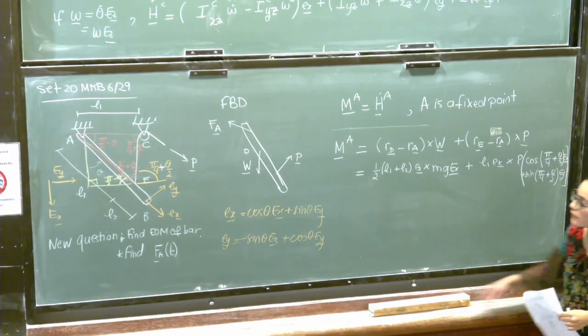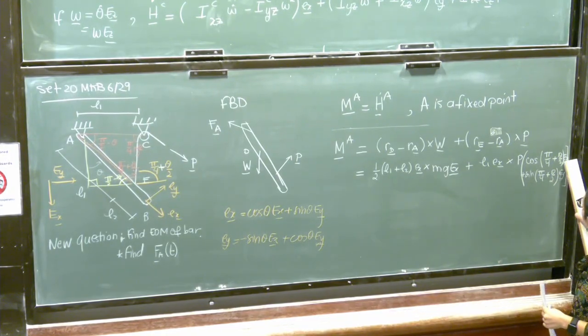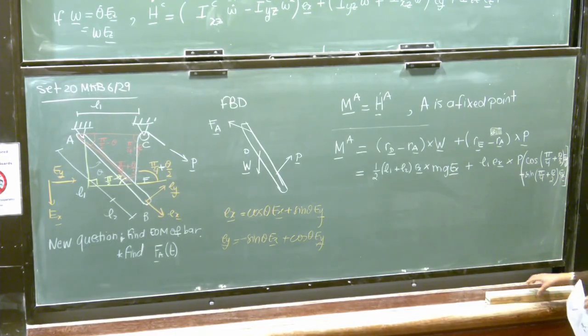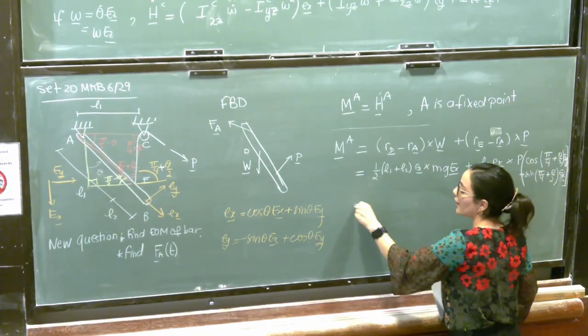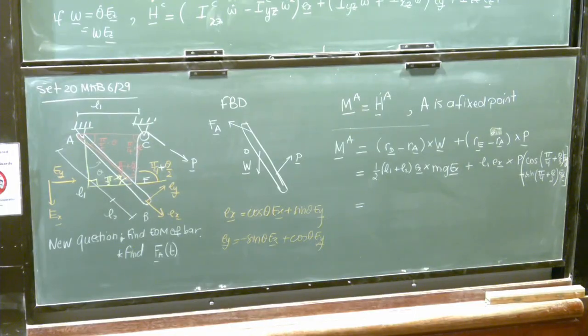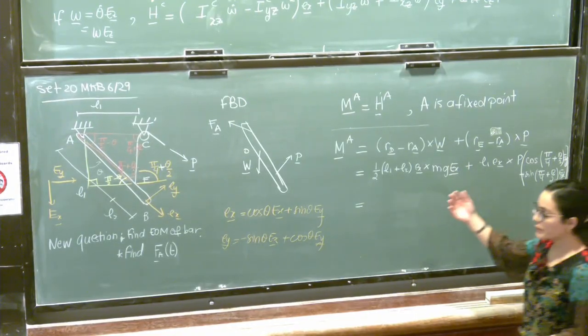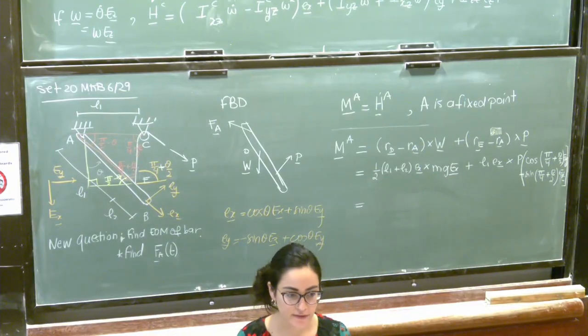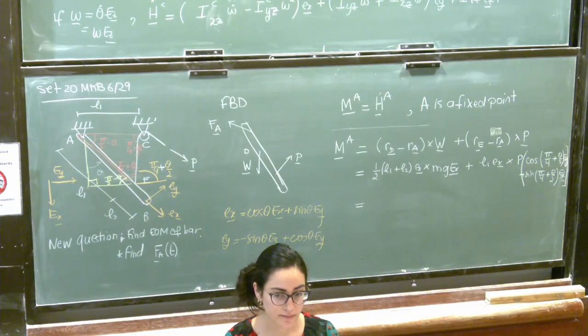So this is EY, this is minus EX. Okay, so please go ahead, take a minute, calculate these cross products. You already know what the expressions of EX and EY are. So take a minute, calculate these cross products. Any questions before we do that? Okay, go ahead, calculate the cross products.